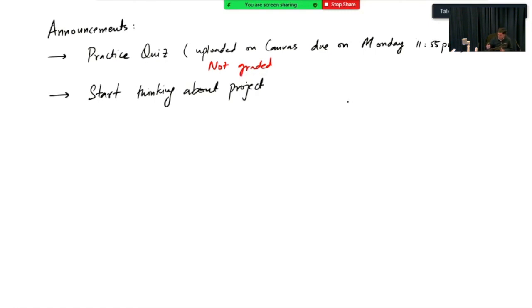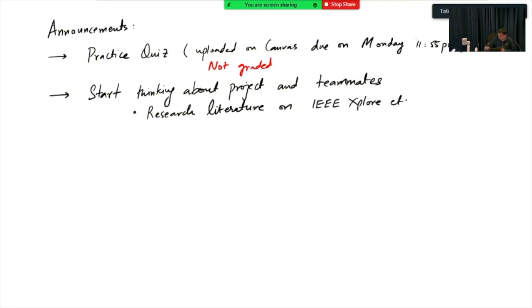If you already have an idea in mind or a field in mind, you can try to look up some literature and quickly explore, and maybe also look at teammates, right?